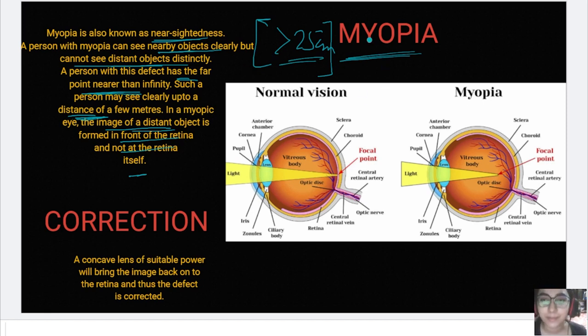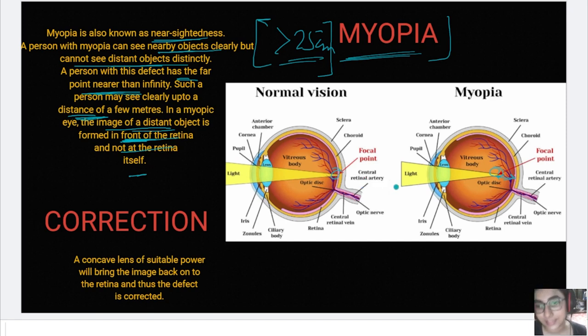So what is happening basically in this defect is that the image which was supposed to be formed at the yellow spot at the retina is forming before the retina, right? There's a very distinct gap, if you can notice here. It is forming in front of the retina. So what do we have to do in this case?